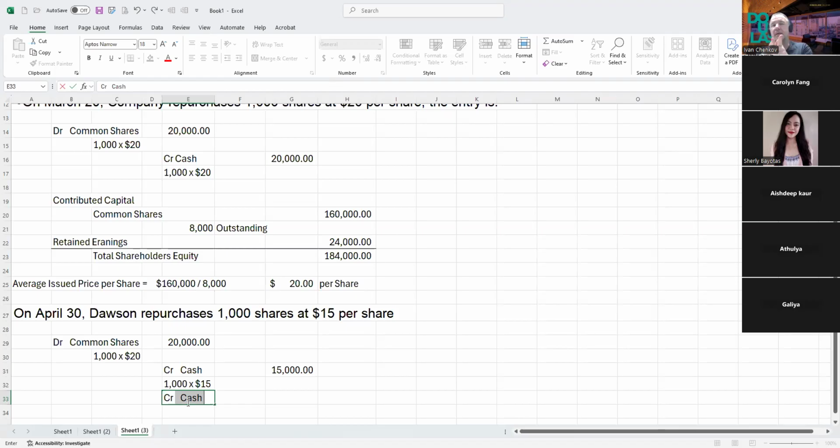Now, what's the difference when it comes to this particular situation with the shares? Initially, did I buy the shares or sell the shares? Sold the shares. Now I'm buying the shares back, but at a lower price.